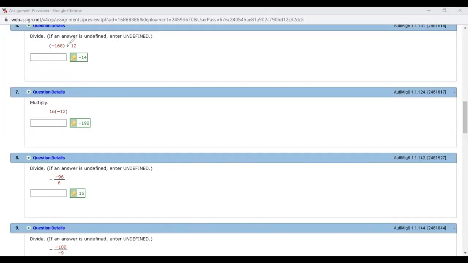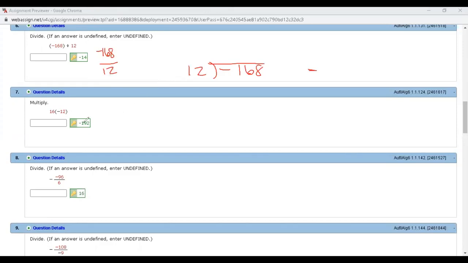So here we have negative 168 divided by 12. You need to make sure that your answer is going to be negative, because we have a negative number being divided by a positive number.